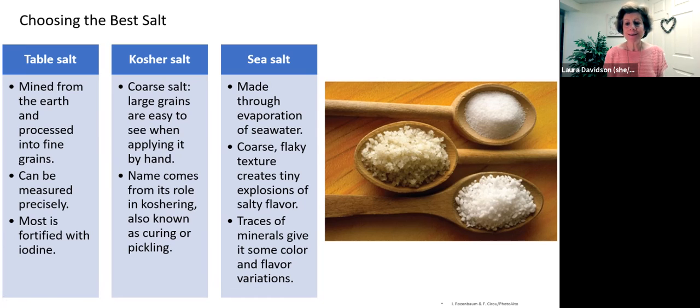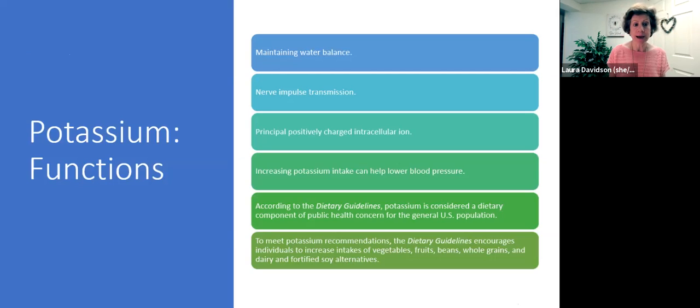But what this means is you need to be a bit patient and really flavor up your foods with other things like garlic and herbs and spices that are sodium free. Because if you don't, your food will taste very bland. After 4 to 8 weeks, your taste buds will spring back and you will start tasting the flavors that have been overwhelmed by sodium in the high sodium diet.